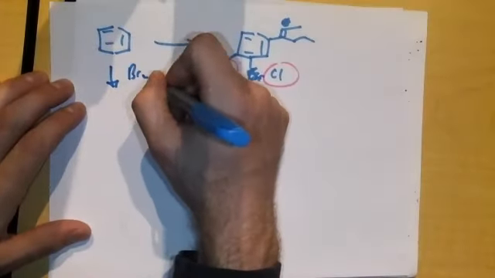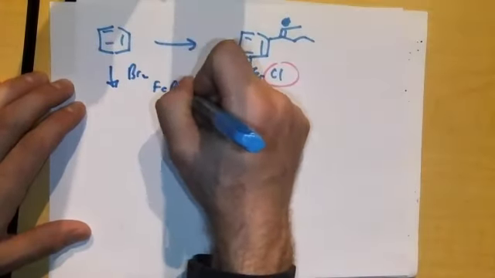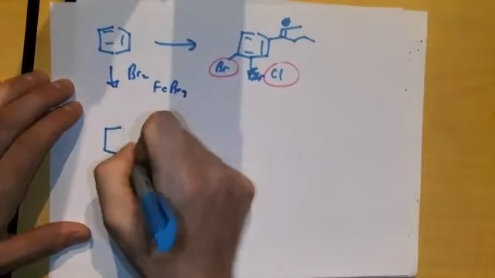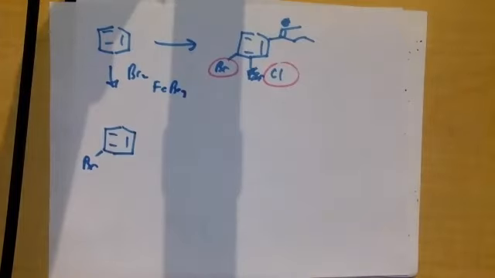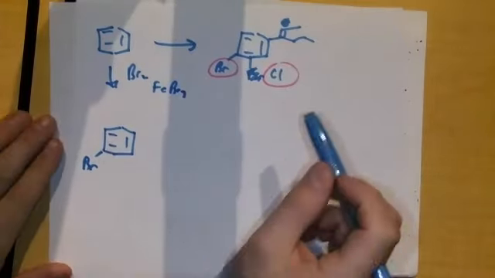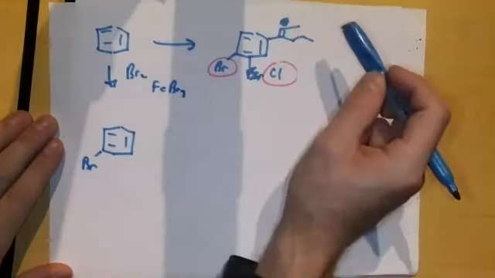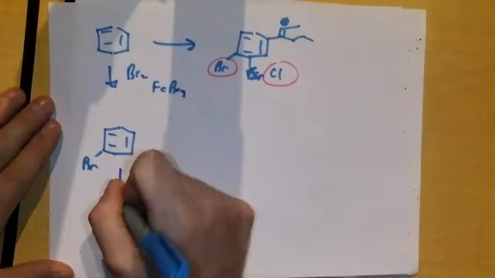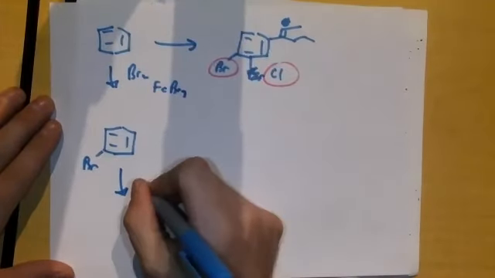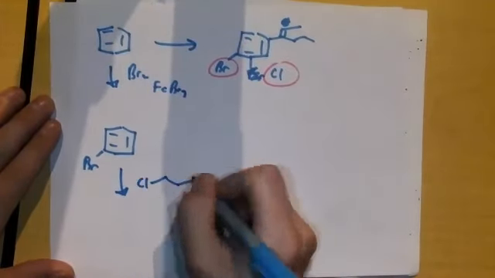So let's add the Br first. Br2, FeBr3. This is an ortho-para director. If I add this large group here, it's going to most likely go para. I'm going to add it as an acyl chloride and then do the Wittig later.